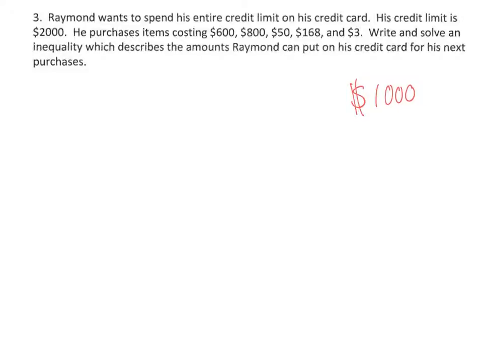So if someone who makes $500 a month and has a $1,000 credit limit, should they be spending $1,000? No, right? They're spending twice as much as they make. So what is Raymond doing here? He's reaching that limit, right? And if he doesn't have those $2,000 at the end of the month, what happens? What happens if he spends $2,000 and only has like $500 to pay back?